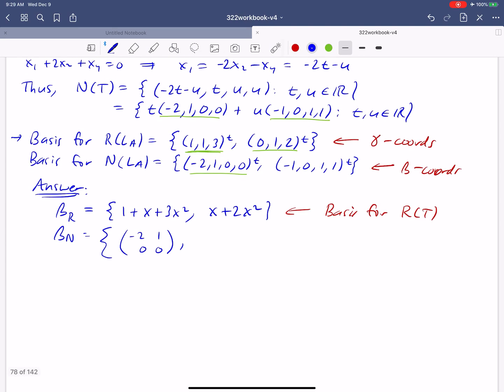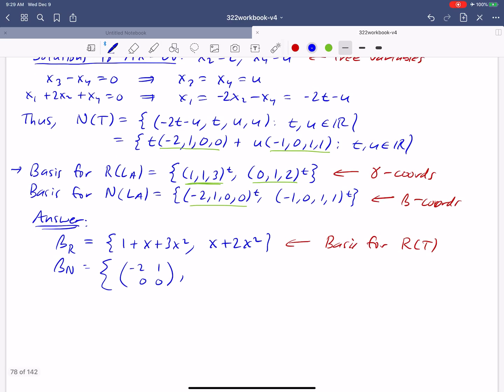If you're wondering where that came from, all we did was take the numbers in this coordinate vector and put them in front of each of our basis vectors. So if we wrote it out, it would look like this: negative 2 times our first basis vector, plus 1 times our second, plus 0 times our third, and so on. You can do that calculation and confirm that it gives you this matrix up here.